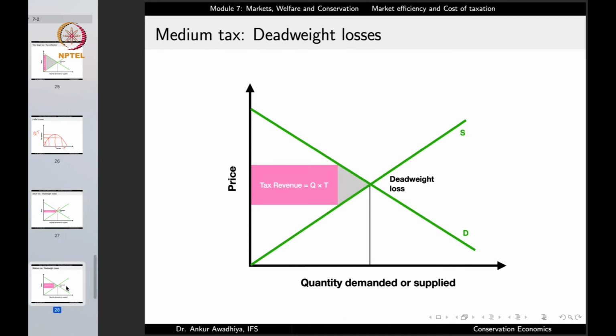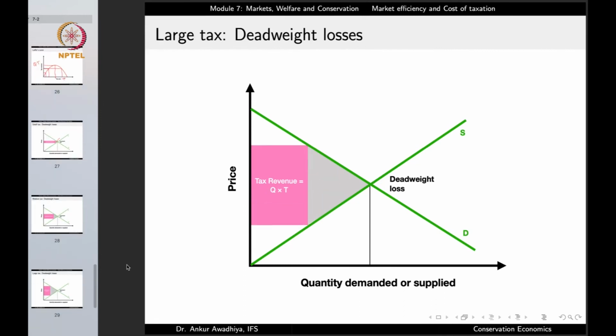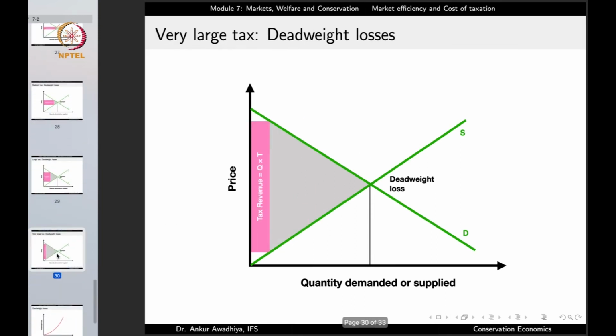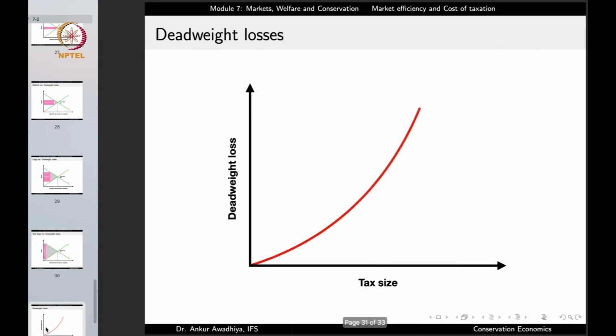When T increases, the area of the gray colored triangle increases, so the deadweight losses increase. When T increases even further, the deadweight losses increase even more. And for a very large amount of T, the deadweight loss is even more. So what is happening is that when T increases, the deadweight losses go on increasing.